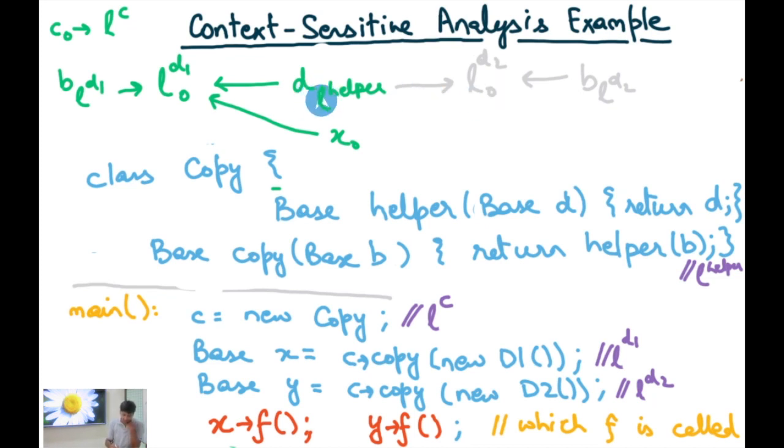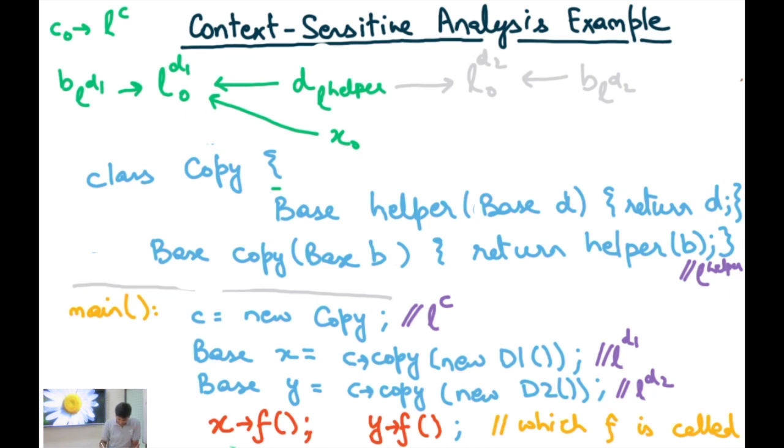Recall that previously we had said that D L helper may point to L0 D1 as well. So notice that this is an approximation, and it seems like there's only one D, which is D L helper, which can point to both a D1 object or a D2 object, depending on which call it is. And this approximation is coming because of the bounded depth of 1.